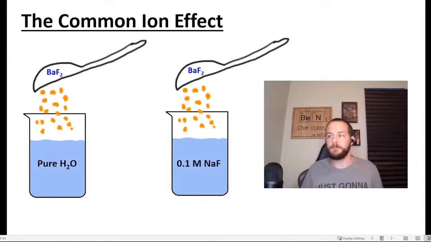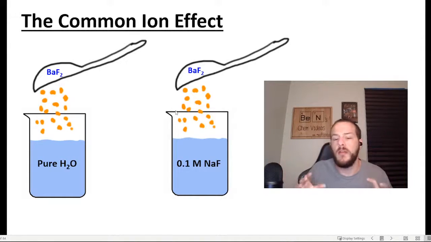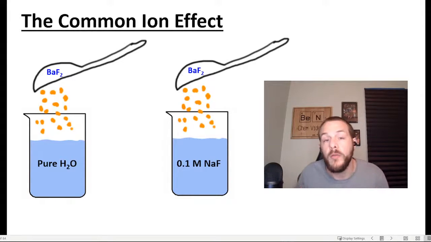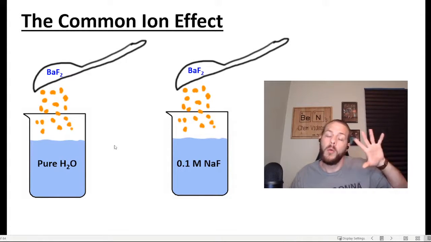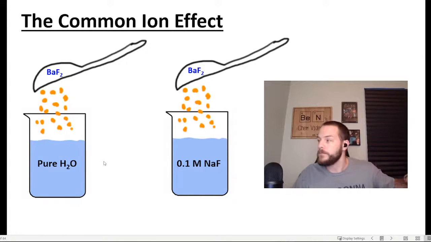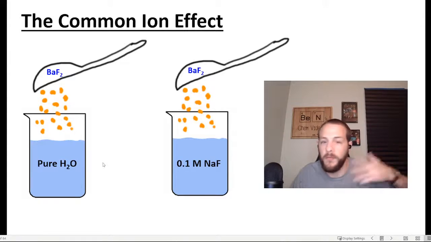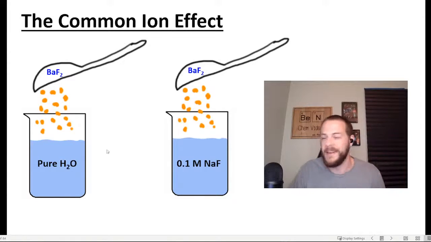Let me repeat that. Does the solubility of barium fluoride increase or decrease relative to pure water when you put it in an aqueous solution already containing sodium fluoride? Let me know your thoughts. Even if you guess, you have a 50-50 shot of getting it right.